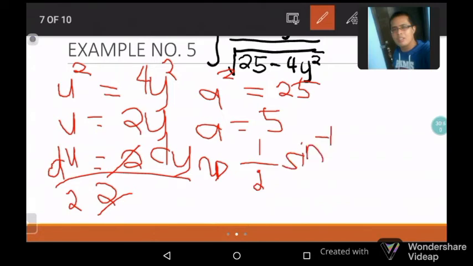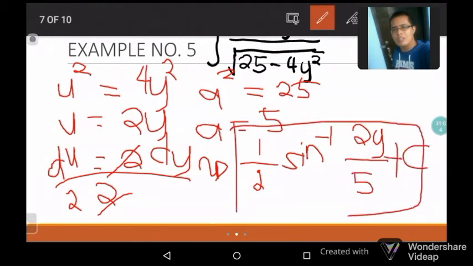Okay, so our answer for this problem is 1 half of arc sine of 2y over 5 plus c. Okay, so malinaw.